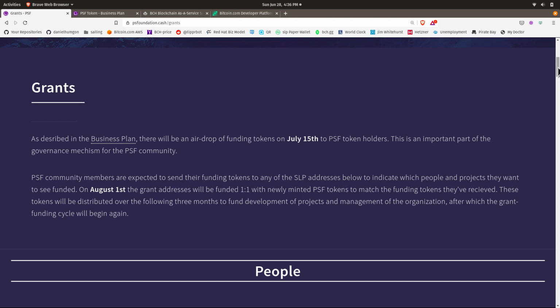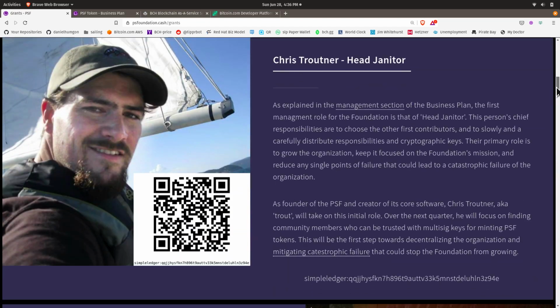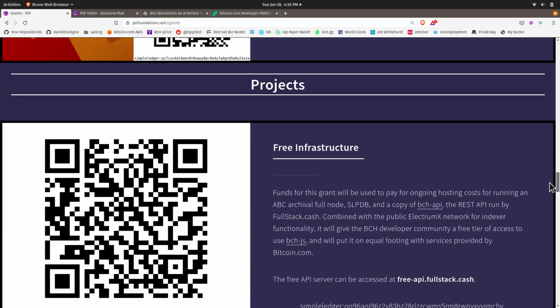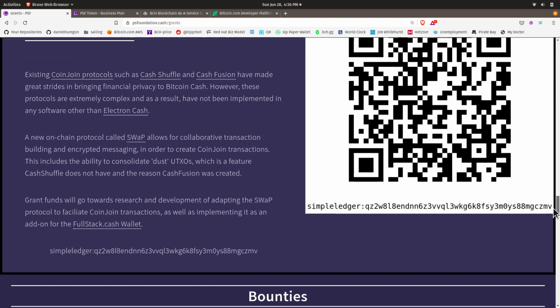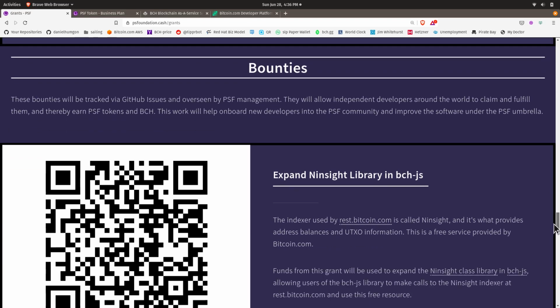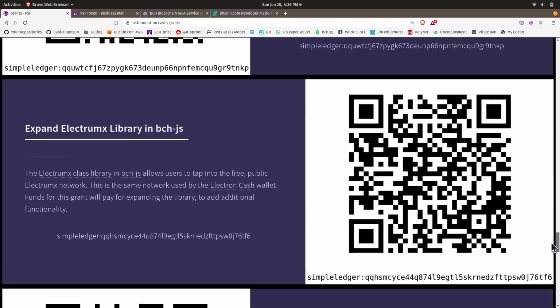And then those people can go to this page and look at the different projects and bounties that they want to fund, and they can send their funding tokens to these QR addresses, and then at some point there will be a 2-week window.